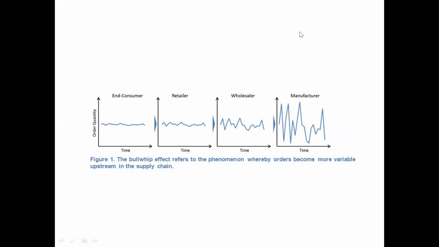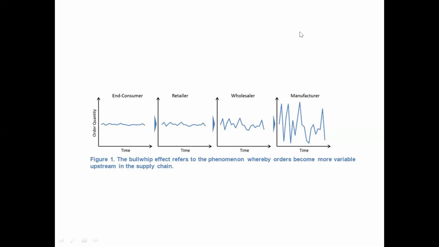Then that is translated on the retailer's end with a little bit more fluctuation. On the wholesaler end, it is even more fluctuation. And on the manufacturer end, it is significant fluctuation. So that is showing us fluctuation for the quantity demanded, right?